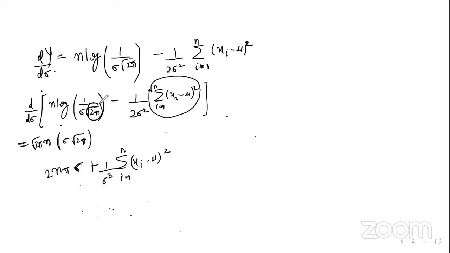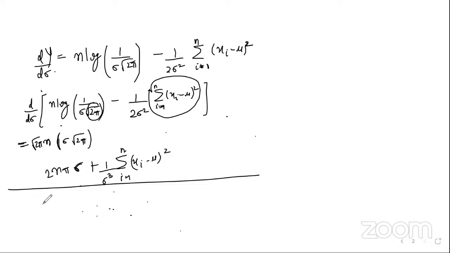Then in the end we will get sum over i equal to 1 to n of xi minus mu whole square, that is the constant part. Sorry, can you repeat? What are you getting after differentiation?